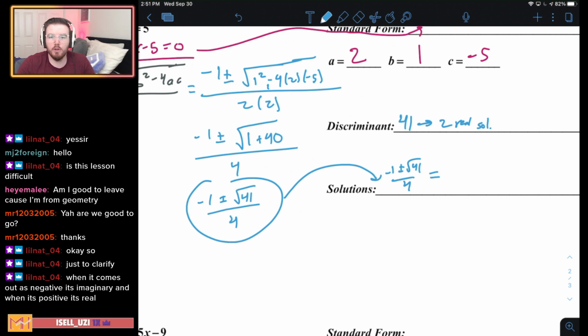And as a decimal, those two things equal... Let's plop it. We got negative 1 plus the square root of 41 divided by 4. And then copy that and paste.